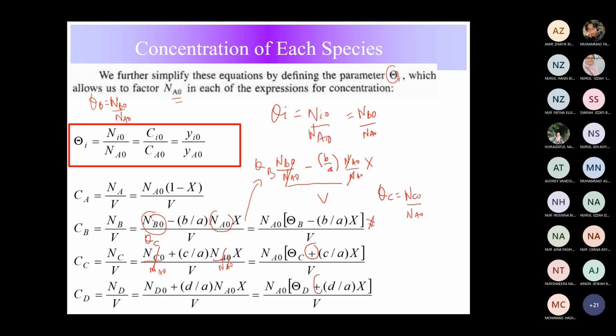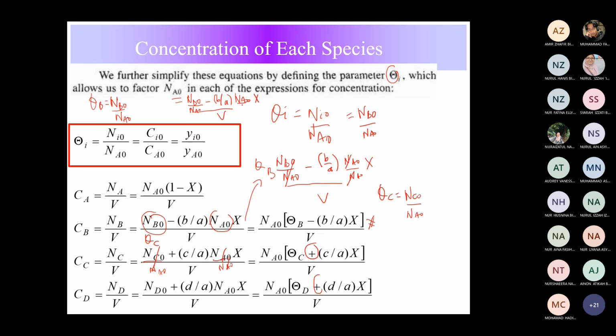So this one, the initial one yang you buat daripada Stockholm Table tu, remember this is the remaining one, which is dia ada N B naught over, minus with the B over A, N A naught times with the X, kita ada over V kan, so nak jadikan dia theta, you kena over dengan NA naught.